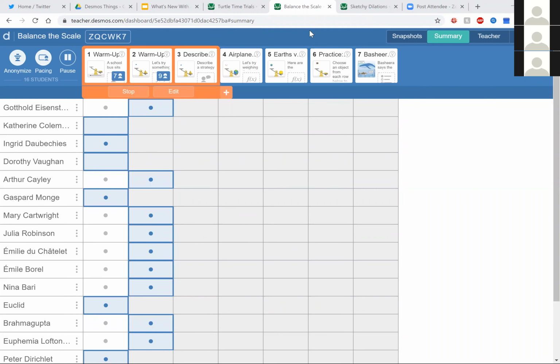I do notice we have some new people who have joined us. This is the second of our 3 activity builders we're going to take a look at. This one's called Balance the Scale.